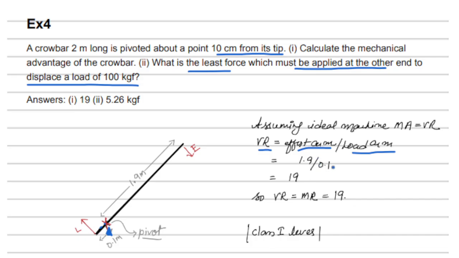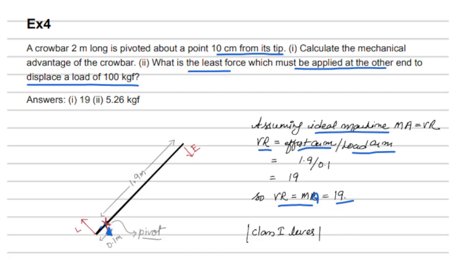So 1.9 divided by 0.1 is equal to 19. Since we have assumed an ideal machine, the answer will be 19. What we can understand from this MA of 19 is that 19 times the force you can generate from here.